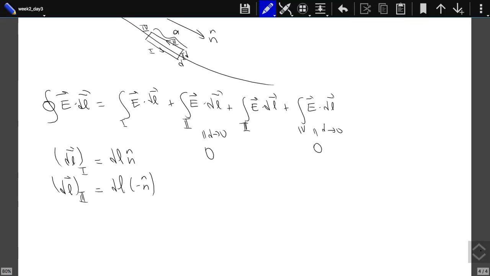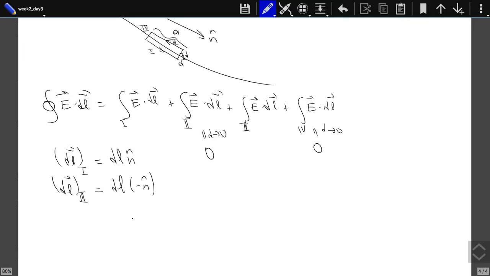Now, A is very small. Since A is very small, along that line, the electric field does not change. It's almost a constant along side 3. The electric field is also almost constant on side 1. If they are constant, I can just take them out of the integral.